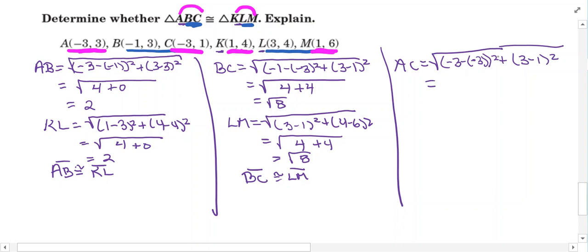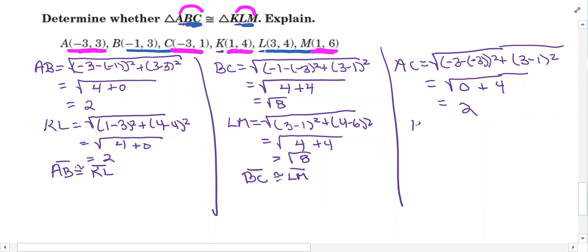So -3 plus 3 would be 0. 3 minus 1 is 2. 2 squared is 4. So we have 2 again.